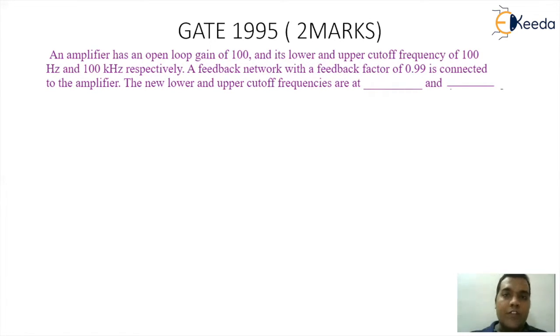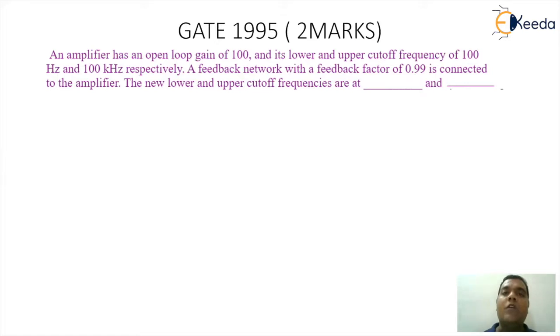When you look at this question carefully, the most important point is that the open loop gain is given as 100. The lower cutoff and the higher cutoff of the amplifier were 100 Hz and 100 kHz, and the beta factor is given as 0.99. Whenever we talk about amplifiers with feedback, we get a definite reduction in the gain, which implies a definite increase in the bandwidth.